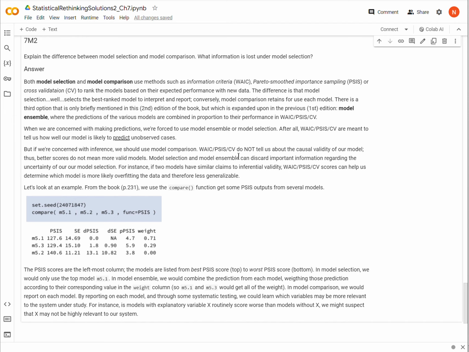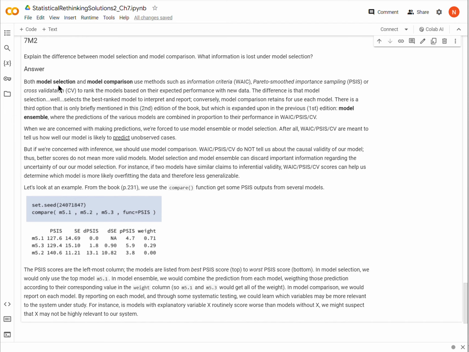Now these metrics can tell us things like, M5.3 seems to be overfitting the data a little bit, which means that maybe it has predictor variables that are not included in M5.1, and those variables are not generally important to this system. So we can systematically test through different models which variables may or may not be causing overfitting, and therefore may or may not generalize to the system as a whole.